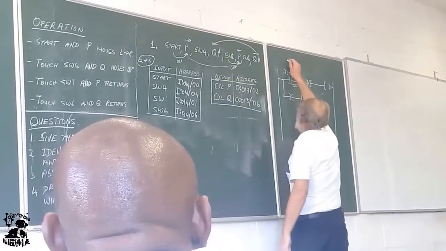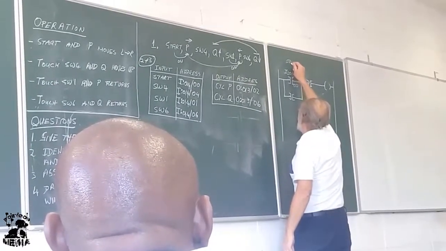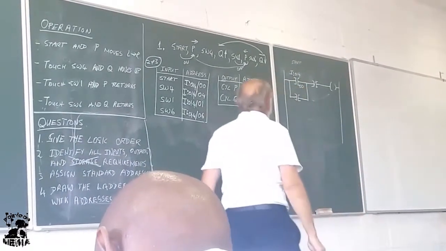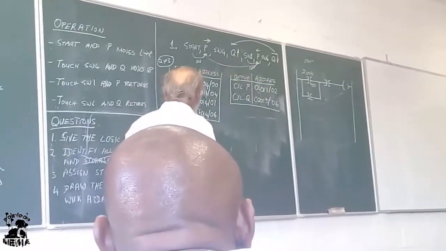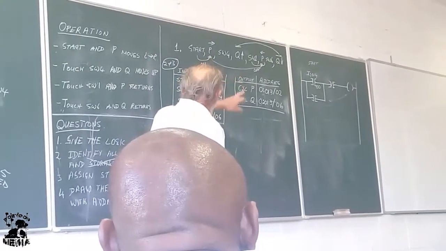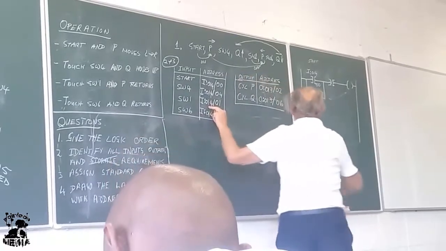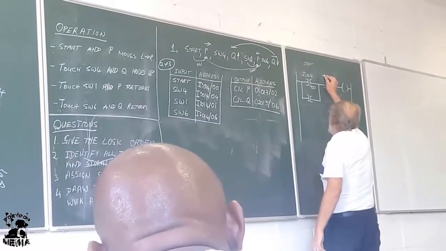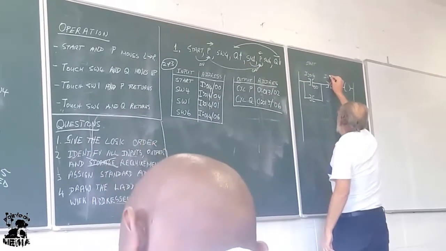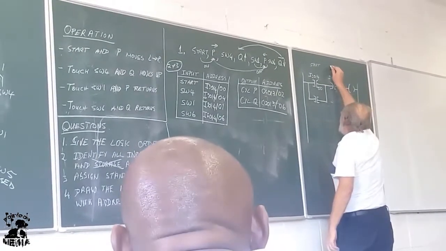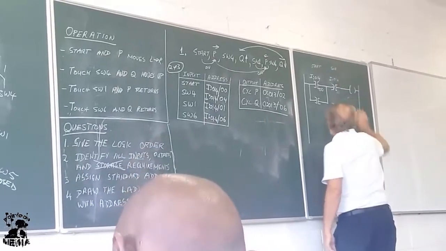You can write there if you want to start, but that doesn't matter. That's the start button. What removes the power? Switch 1. What is the address of switch 1? I colon 01401. That is switch 1.